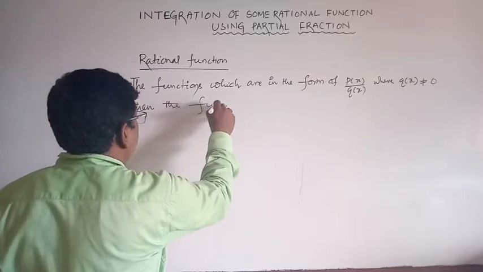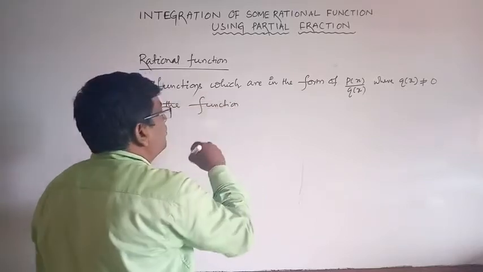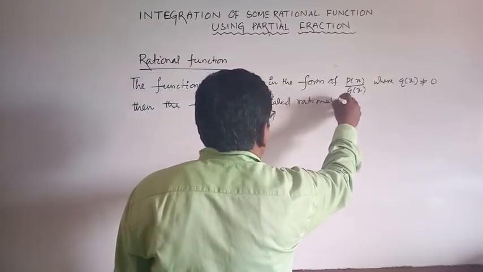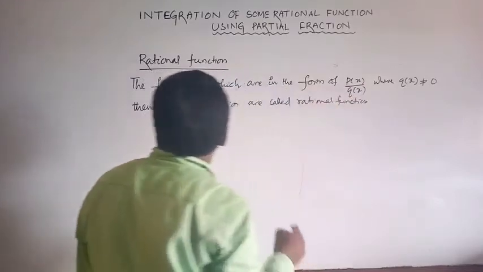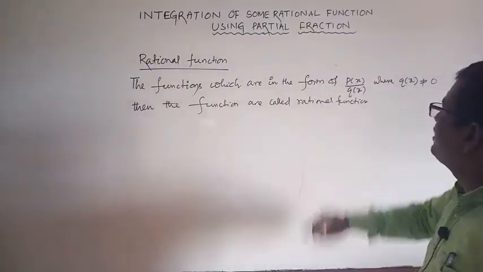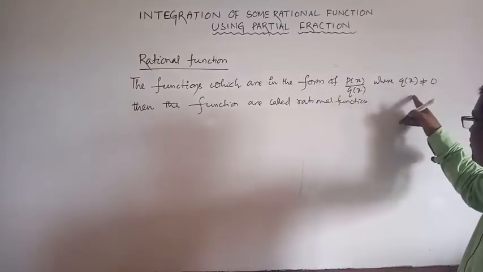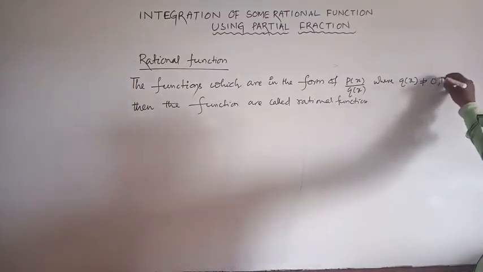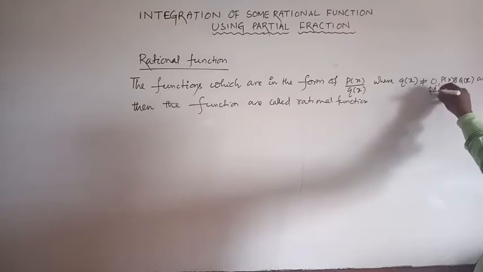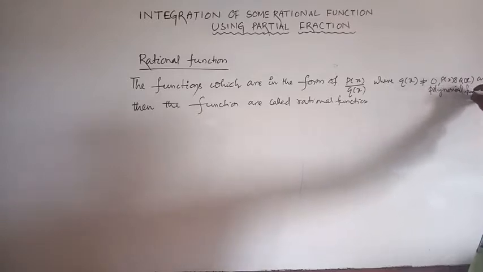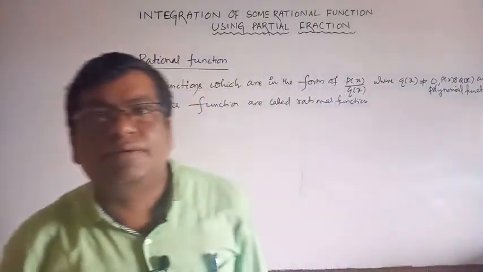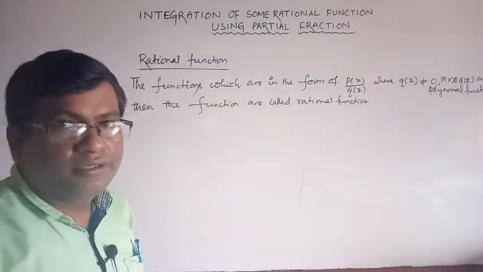And we can also write that p of x and q of x are polynomial functions. Both are polynomial functions.